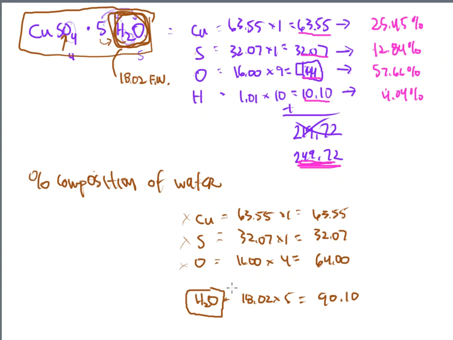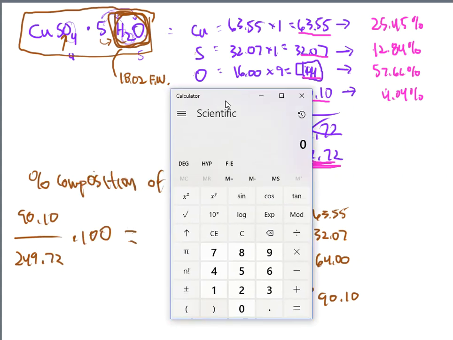So the total weight from the water is 90.10. And the total formula weight from the compound is 249.72. So I'm going to take those two numbers, I'm going to divide them, and I'm going to multiply by a 100.